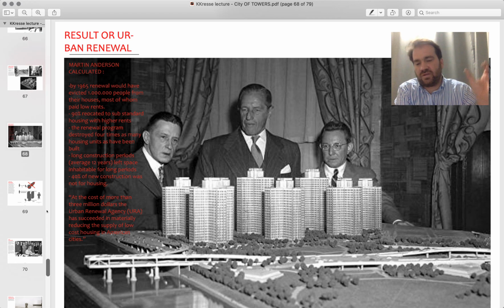So if the objective was to increase low income housing, then it was not a success. What you can see here is that maybe the main reason for this was to get rid of those old deteriorated housing areas and simply replace them with new and modern ones.